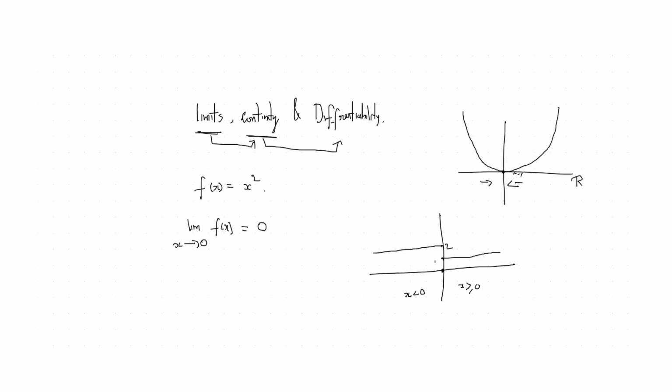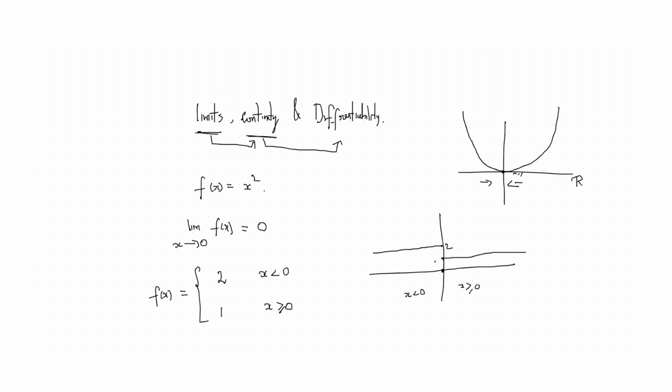I can write this as f of x equals 2 when x is less than 0, and f of x equals 1 when x is greater than or equal to 0. Now, for this function, I want to check what the limit is.